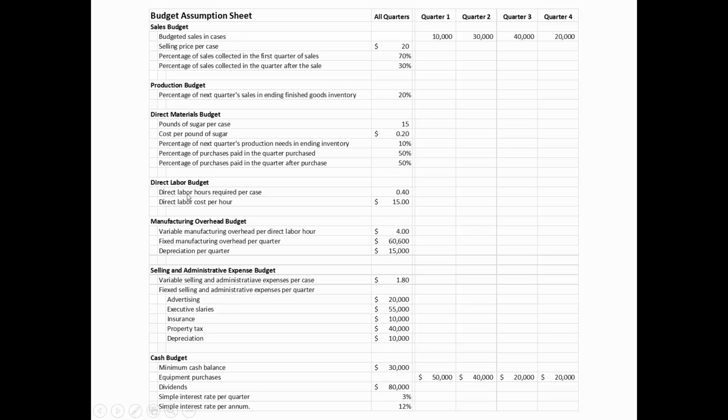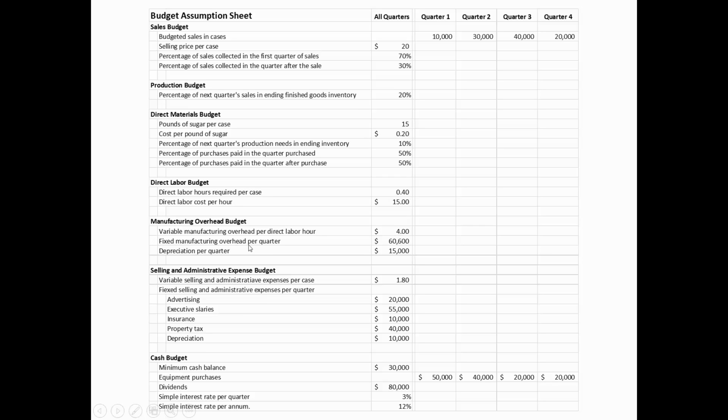On the direct labor budget, they're expecting 0.4 hours will be needed for every case of popsicles they make, and they're paying their people $15 an hour. The variable manufacturing overhead per direct labor hour, since we're going to use direct labor hours to apply manufacturing overhead, is $4 per case.